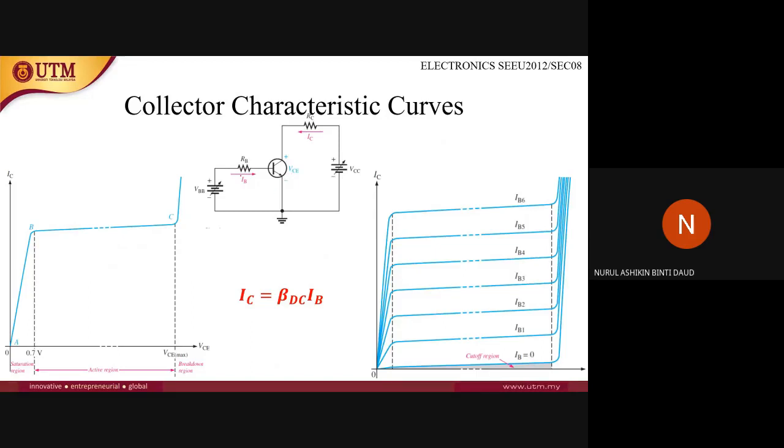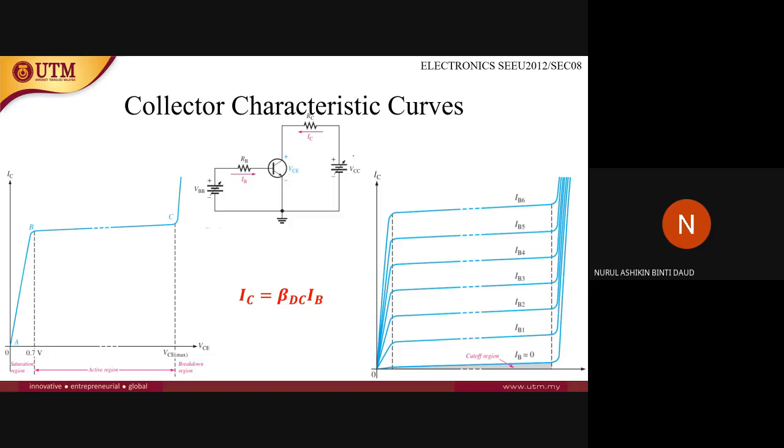Okay, so in this circuit, the external source connected to the base is variable. It means that the value at the base can be changed, and the value of the currents can also be controlled.